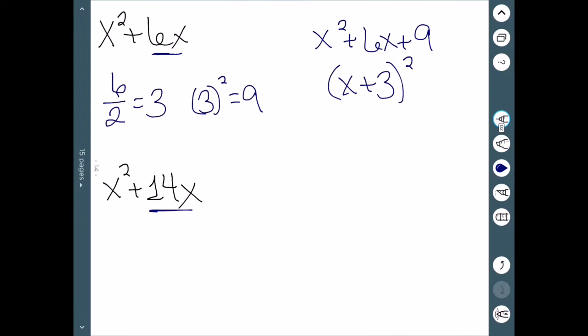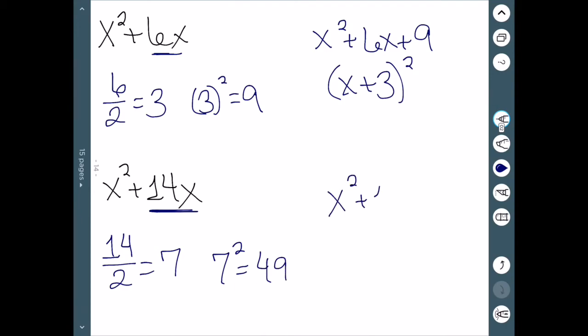My next one, the coefficient of x is 14. So we divide by 2 to get 7, and then square the result to get 49. So I'm going to write this as x squared plus 14x plus 49. And this factors into x plus 7 squared.